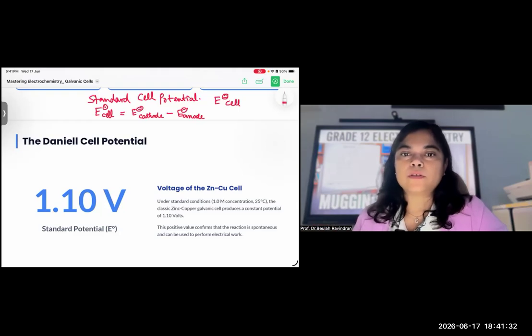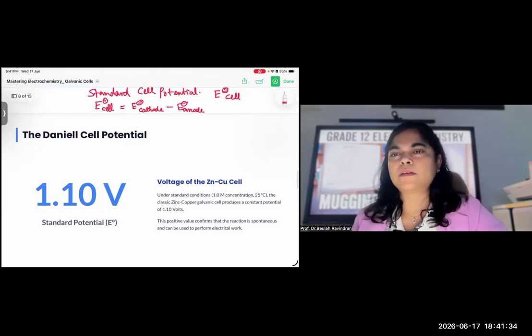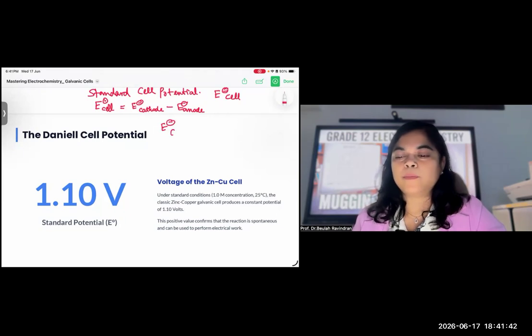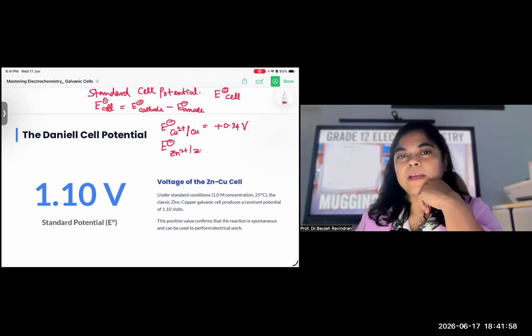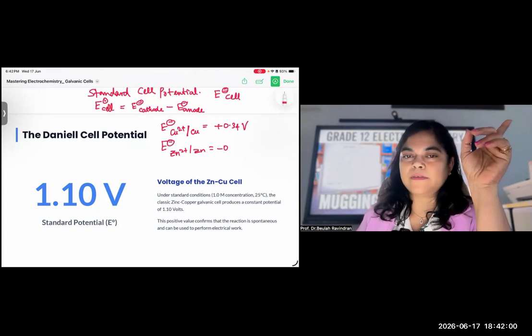Let's look at a typical problem. Say you are given copper 2 plus/copper as positive 0.34 volt, and zinc 2 plus/zinc as negative 0.76 volt.